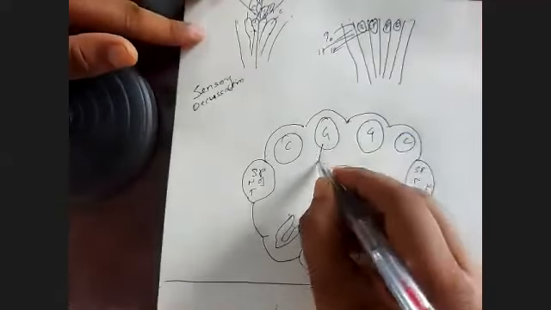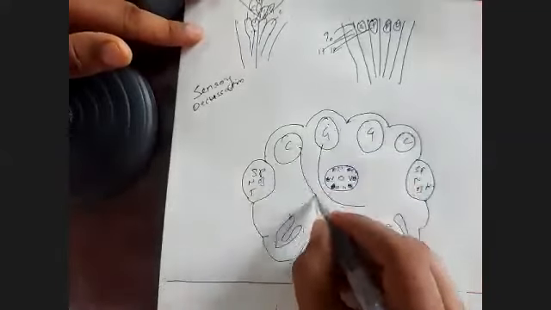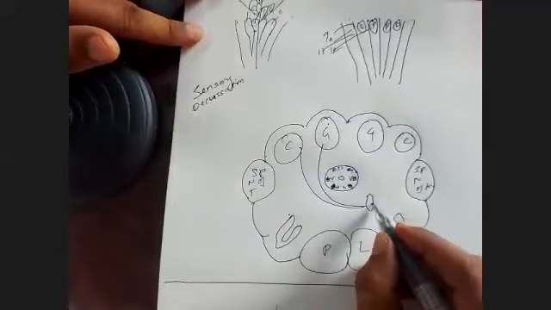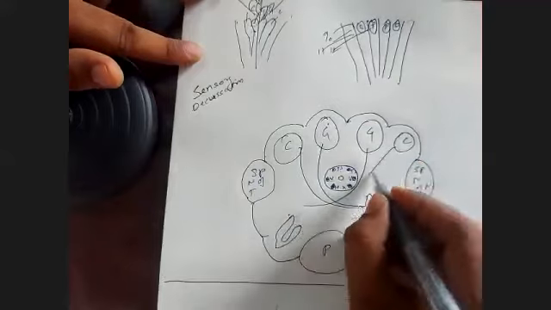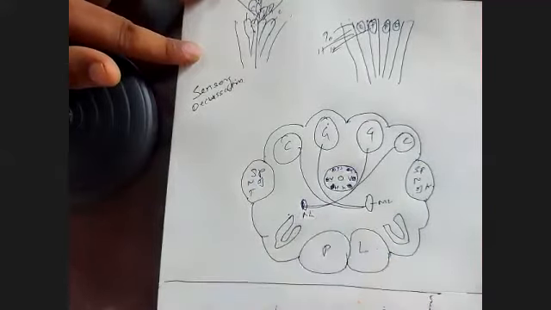From here, the fibers now come up to this point, and now they go to the opposite side, and here they form what is called the medial lemniscus. So this is the key feature you have to show, the medial lemniscus.